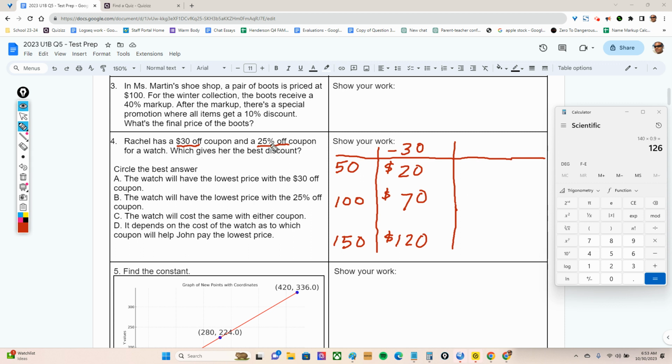Okay, so 25% off is going to be whatever that is. These are 100% amounts. So we would end up doing 1. No. Ooh, I almost messed up.